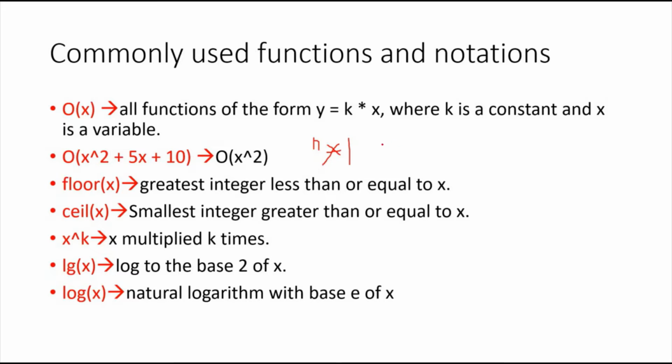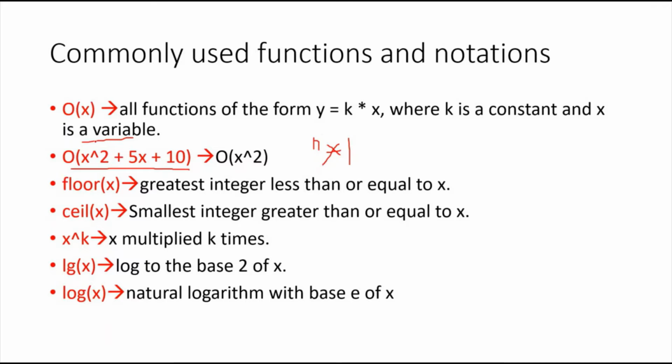Okay, here big O of x means where k is a constant and x is a variable. If we have this type of operation, we have the equation x square plus 5x plus 10.